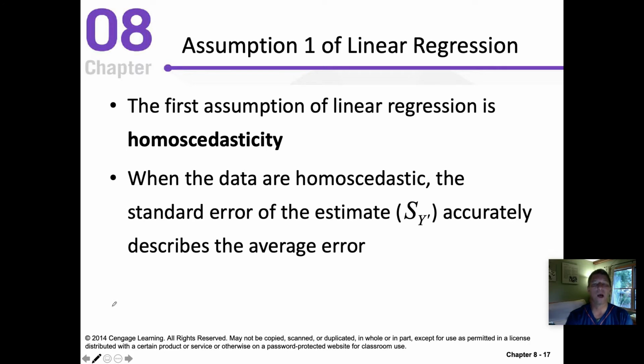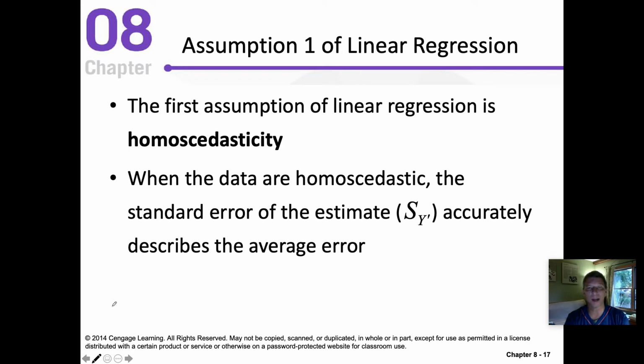When the data are homoscedastic, what that means is that the standard error of the estimate, S sub y prime, accurately describes the average error. What that really means is that the average error is pretty much the same all the way up the regression line.